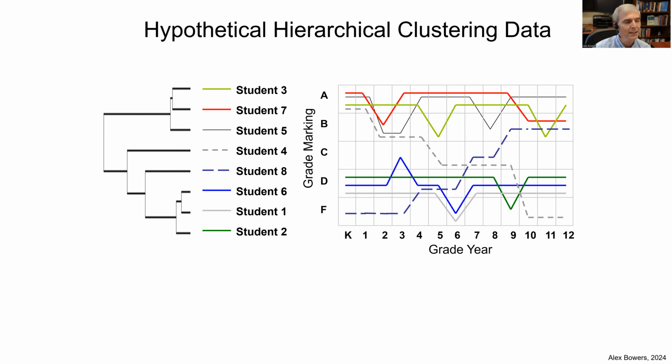So you can see, because the lines are very close together and short for students 3 and 7, they're more similar to each other. And then student 5 is similar to cluster 3, 7. At the bottom, you can see student 6 and 1 are very similar to each other. And then student 2 is more similar to student 6 and 1 than anyone else. Student 4 and student 8 are very dissimilar to everyone else because you can see on the cluster tree the horizontal line is longer.